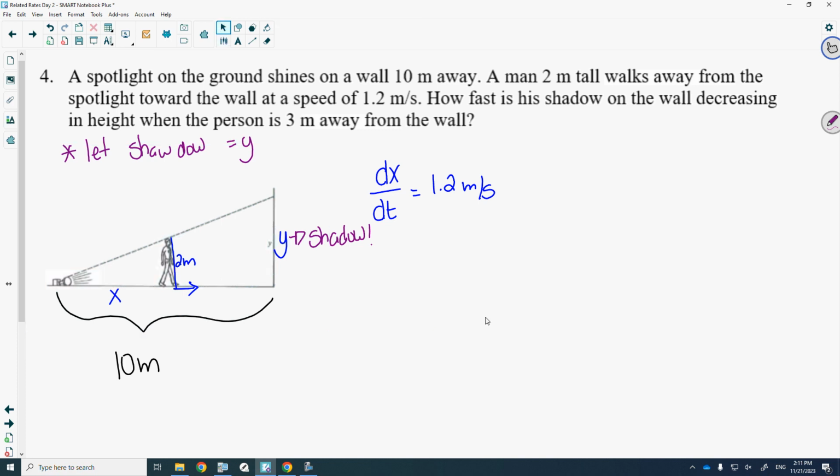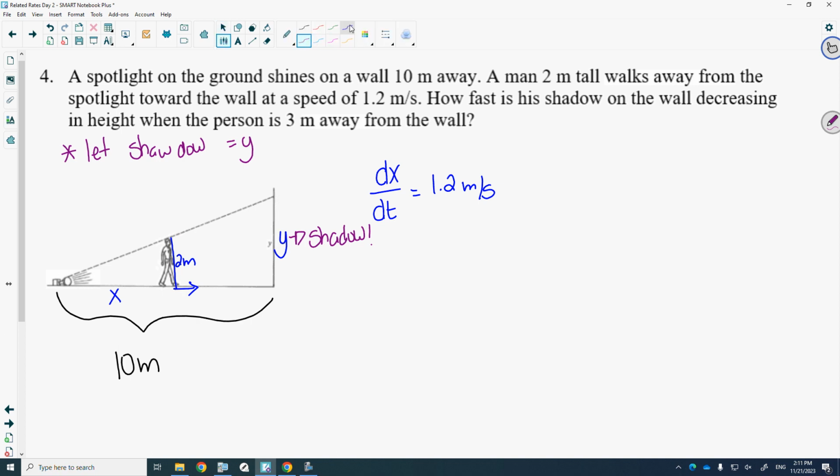Okay, so I want you guys to think about this for a second. As he gets closer to the wall, where he is right now, this would be his shadow projected on the wall. As he gets closer to the wall, is his shadow getting bigger or smaller? So as this little 2-meter man gets closer to the wall, this shadow is going down.